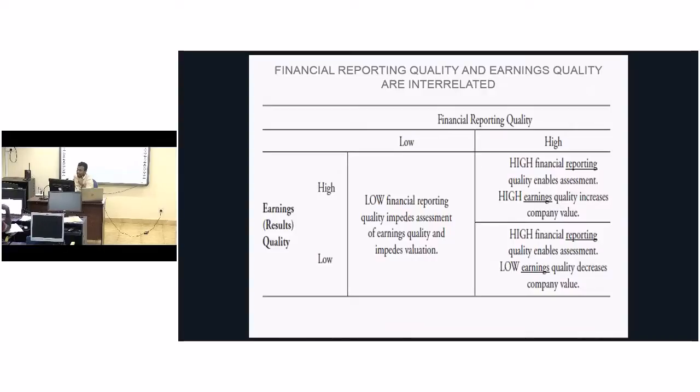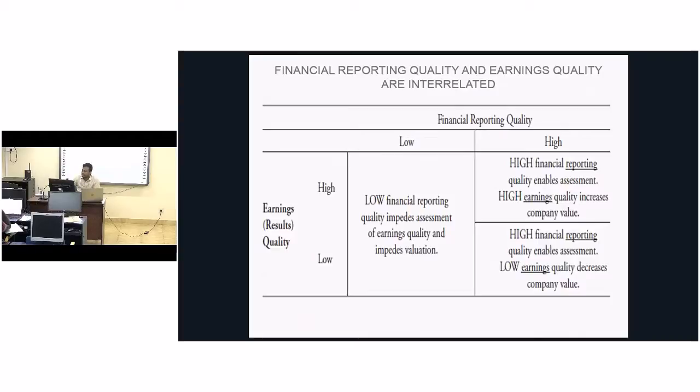Then high reporting quality together with low earnings quality, what will happen? High reporting quality will enable you to make good assessment. Understand? Because there you have enough information with you. As a result of that, you can make judgments very accurately. But on the other hand, what happens?